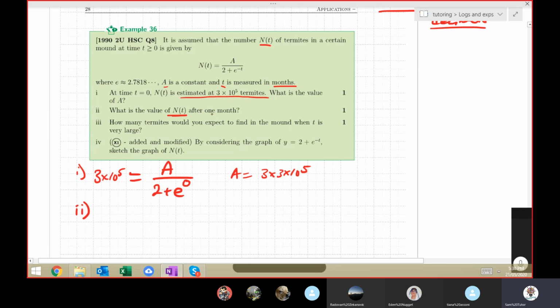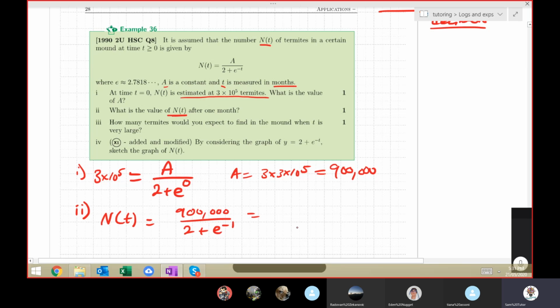This time you're solving for this after 1 month. A is this number, which looks like 900,000. So A is 900,000. 900,000 over 2 plus, it says after 1 month, and t is in months, so e to the negative 1.